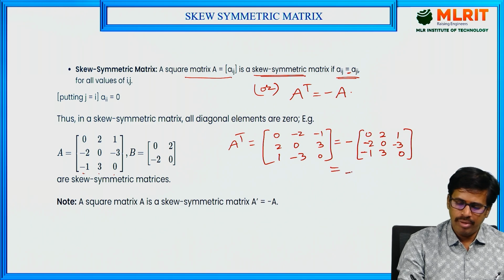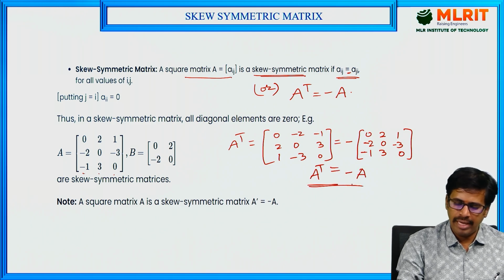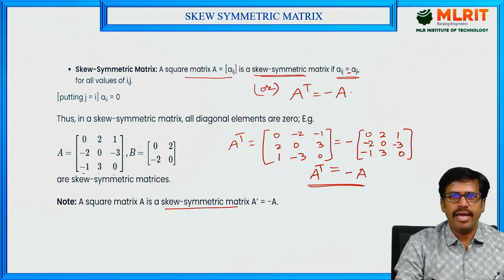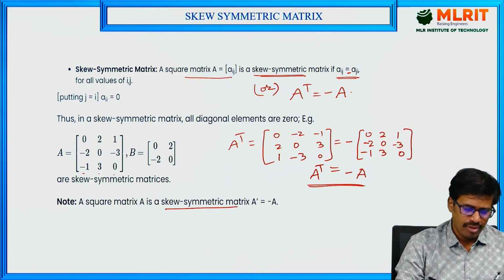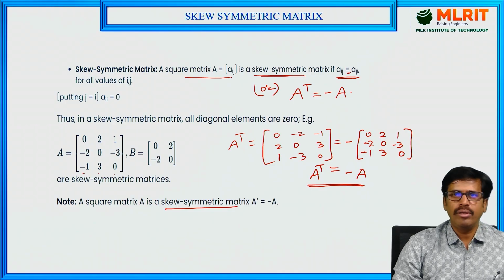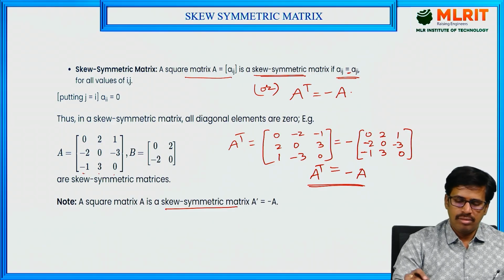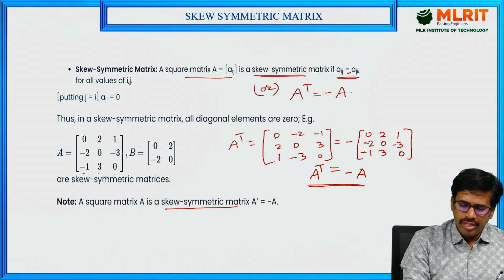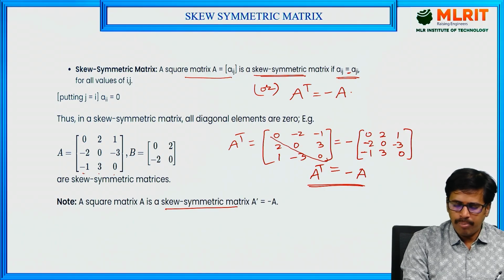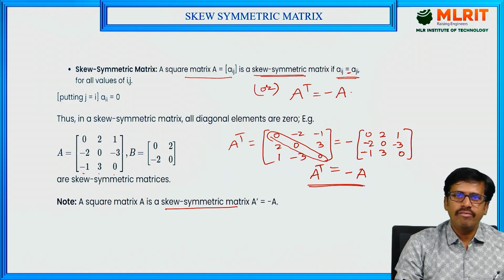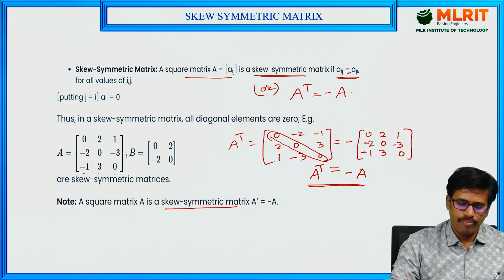So, this can be written as minus A. So, A transpose is equal to minus A. So, we call the given matrix A skew symmetric. So, symmetric matrix and skew symmetric matrix, these are the two real matrices, right? We can observe in skew symmetric matrices, the principal diagonal elements are always zeros.